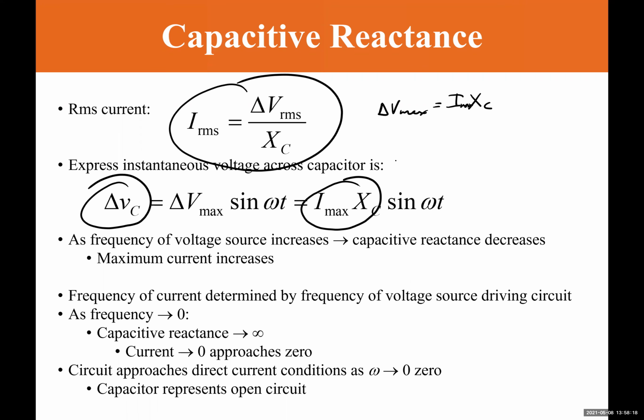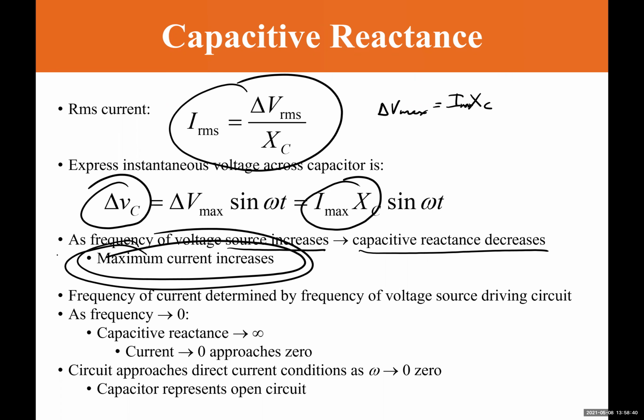Okay, which means as the frequency of the voltage source increases, capacitive reactance decreases. That means maximum current increases. So by increasing frequency, you are decreasing the reactance and increasing the current. The maximum current increases.